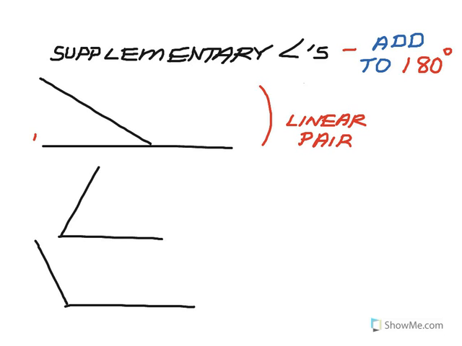So we know that this whole big angle along here is 180 degrees. So if one of these angles is x degrees, then the other one is 180 minus x degrees.